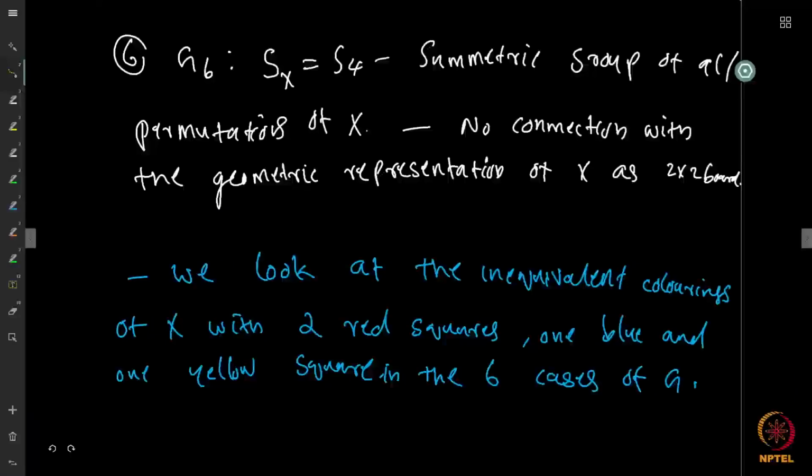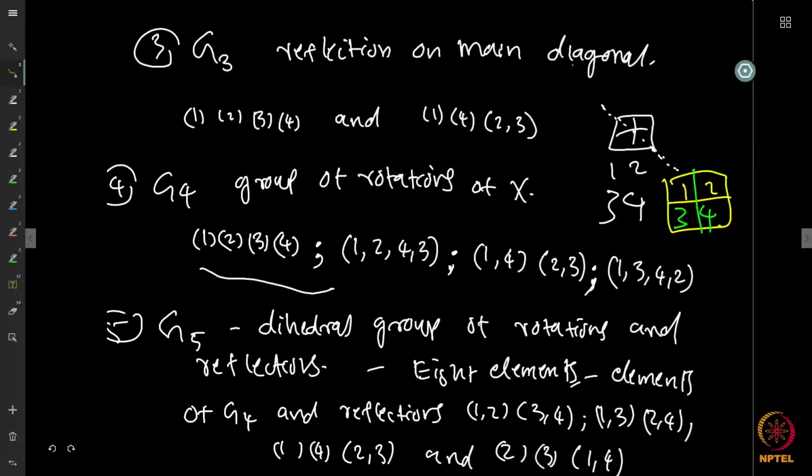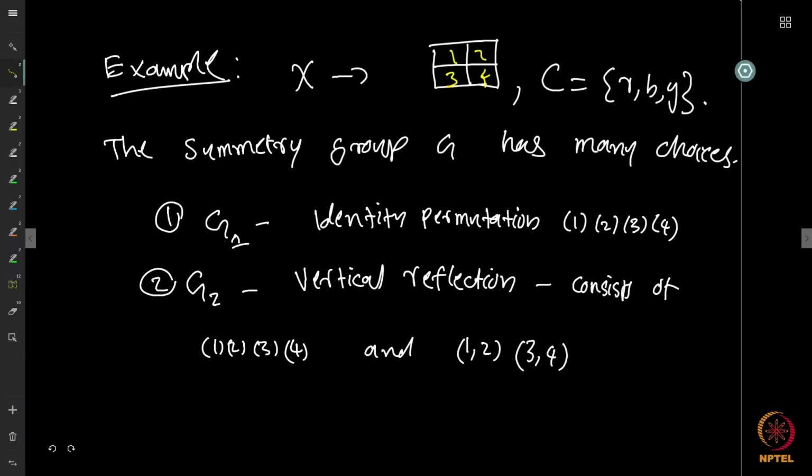Then finally, we can also look at the symmetric group of all permutations of X, G6. So Sx is S4 itself. Now, if you look at all possible permutations, then we see that it actually loses the connection with the geometric representation of X as this 2 by 2 square, right?